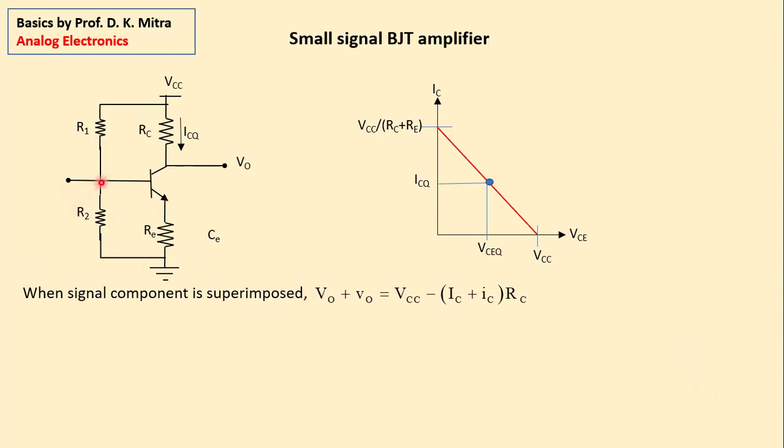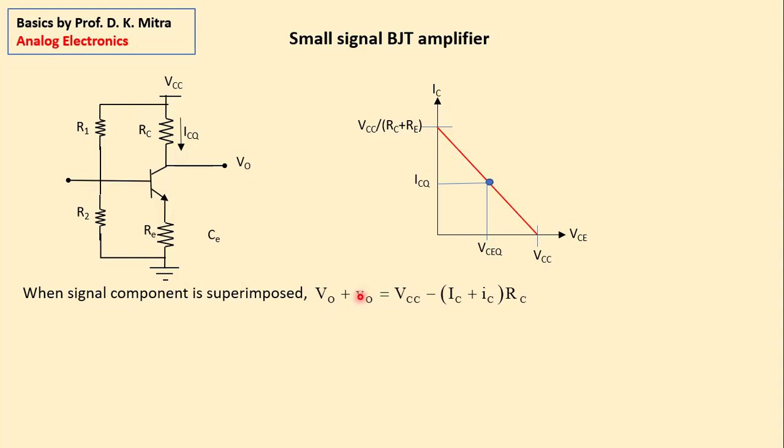When this signal component is superimposed, the output voltage VO will be the DC voltage, capital VO, plus the AC voltage, which we normally signify by small v.